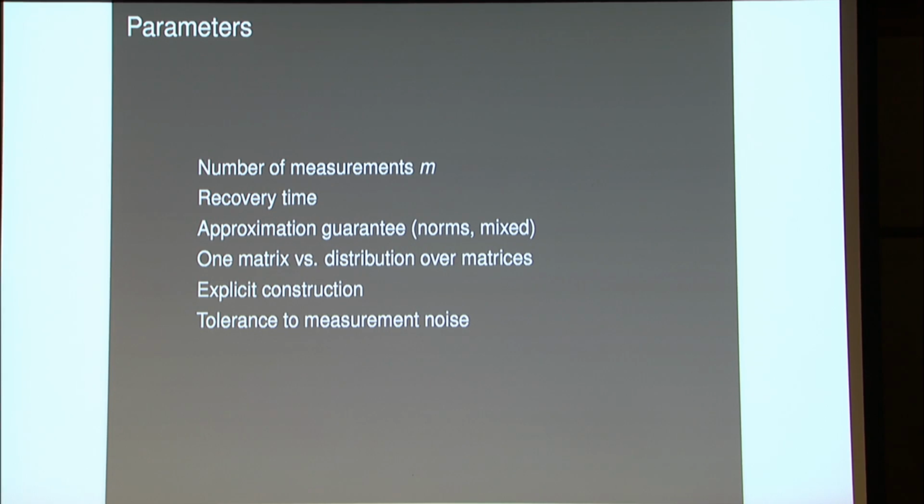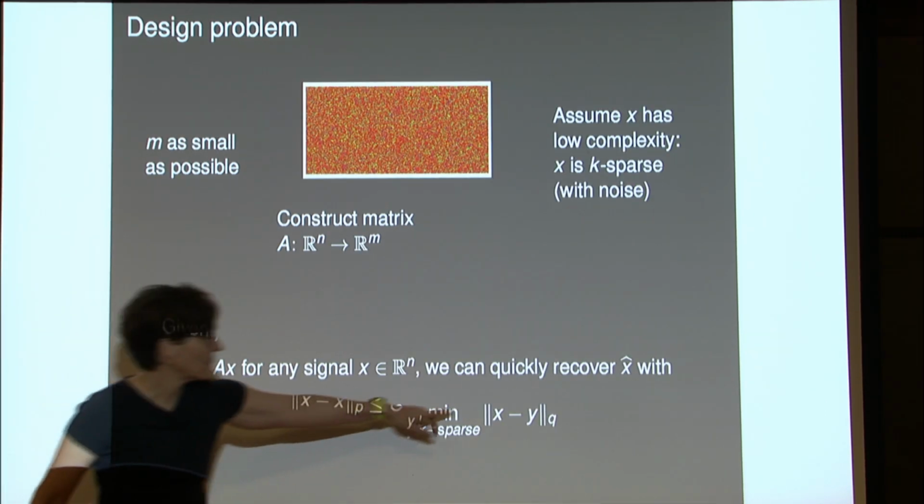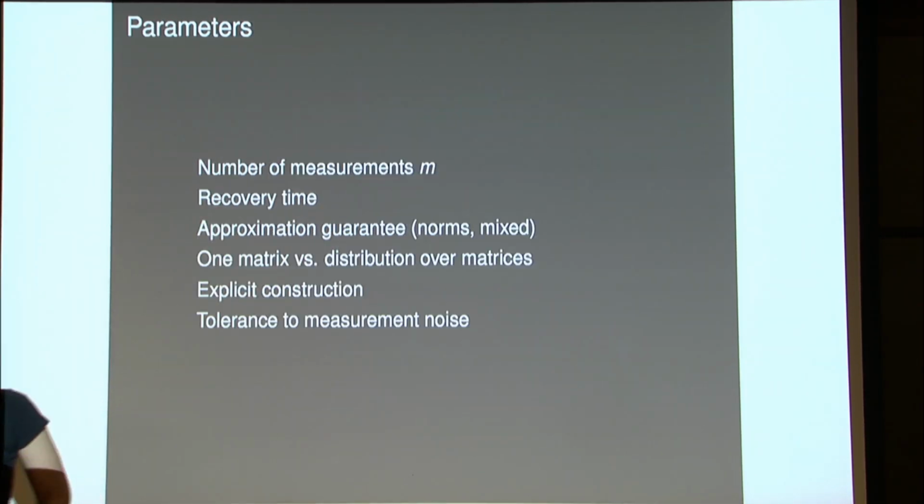Yeah, that would meet the criteria for this kind of error. Can you find the k largest entries in x in time roughly proportional to k, or in time roughly proportional to the number of measurements that you take, so something like k log n?